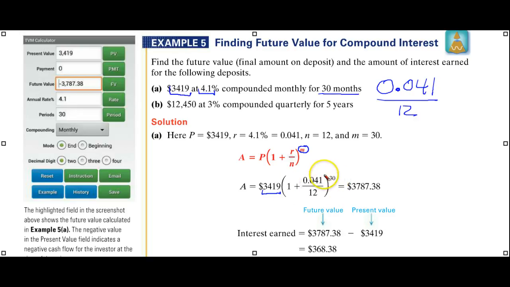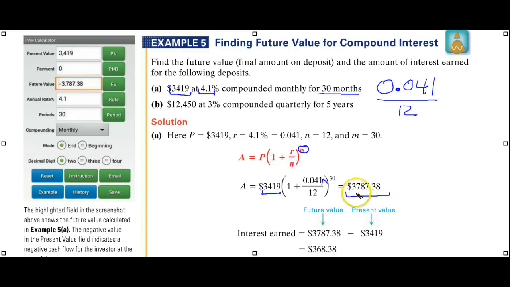So again, putting this carefully into the calculator, what I would do is take this divided by 12, add 1 to it, then go caret 30, get a value, then multiply it by this, and that would give you this value. So if we're doing some of this in class, of course we're going to pause and ask you to put that into your calculator and write this out in your notes too.